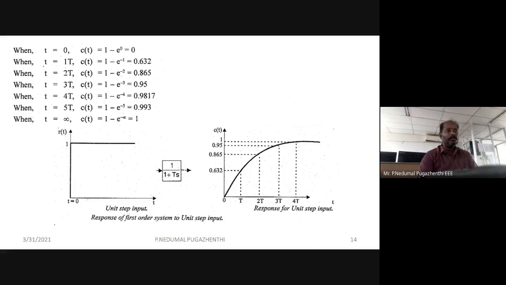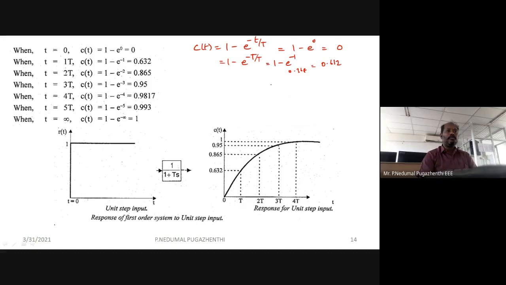And if you further want to substitute various values for t in that function, because c of t is equal to 1 minus e power minus t by T. If I substitute small t equal to 0, then it becomes 1 minus e power 0, which is equal to 0, because e power 0 is 1, and 1 minus 1 is 0. The same way, if you substitute t equal to capital T, I will get 1 minus e power minus 1. My e power minus 1 is 0.368, so I will get 0.632.